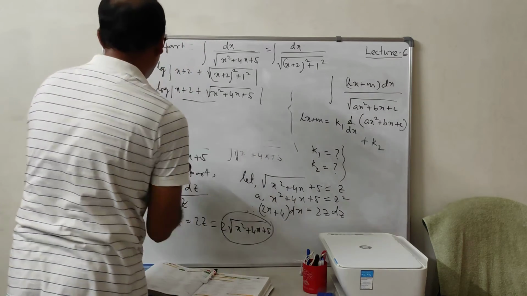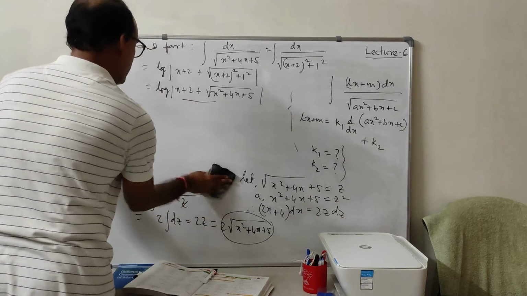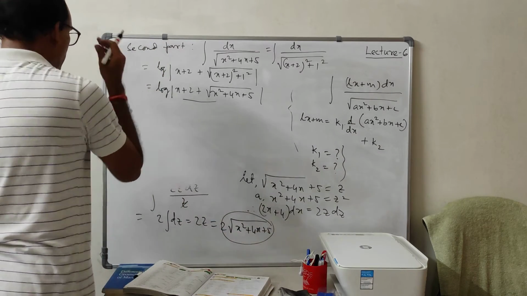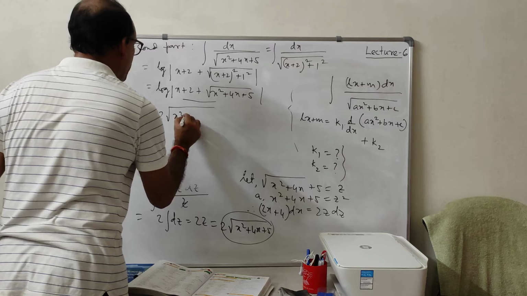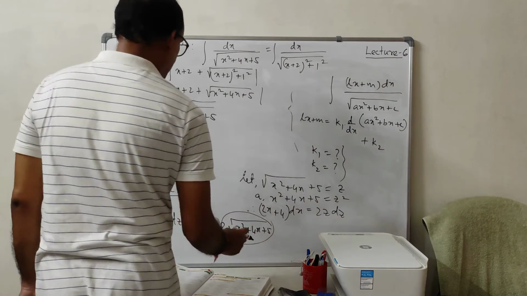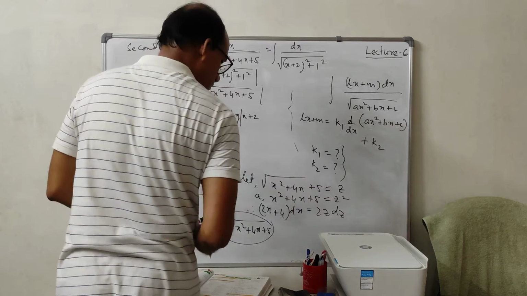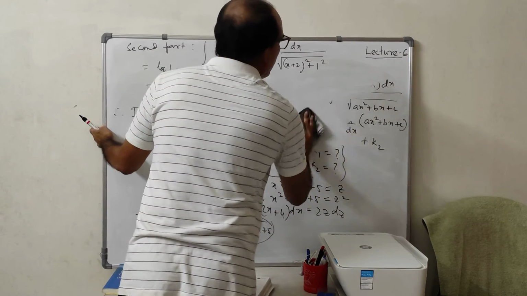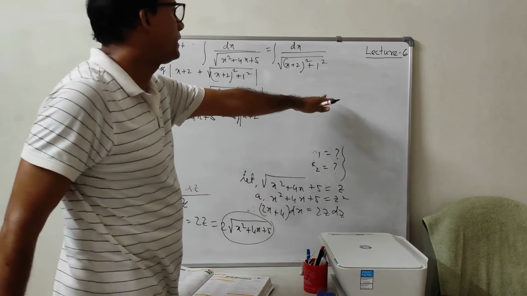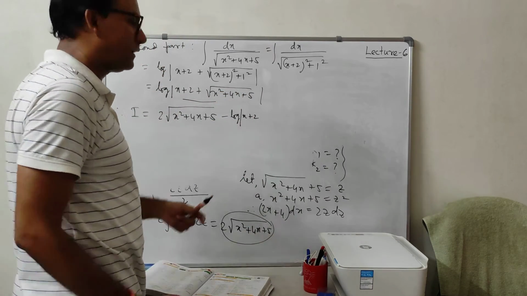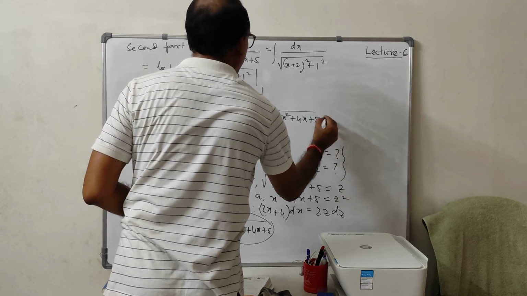So the integral I equals the first part, 2 times the square root of (x square plus 4x plus 5), minus log mod of (x plus 2 plus the square root of x square plus 4x plus 5).